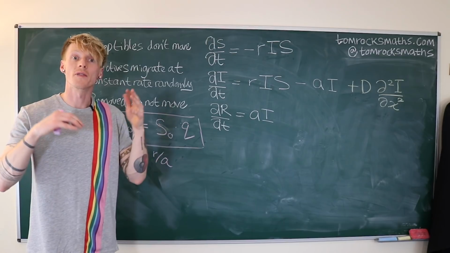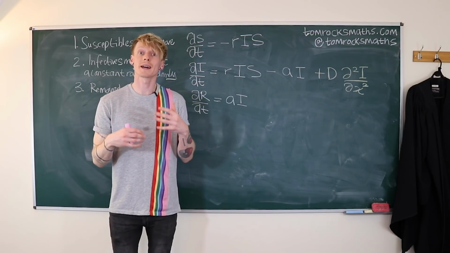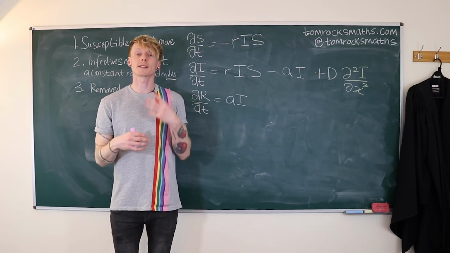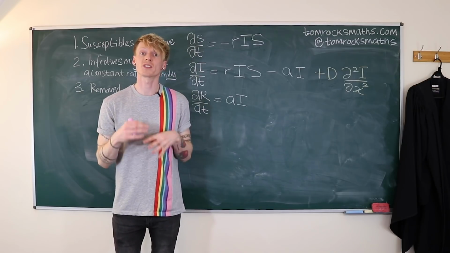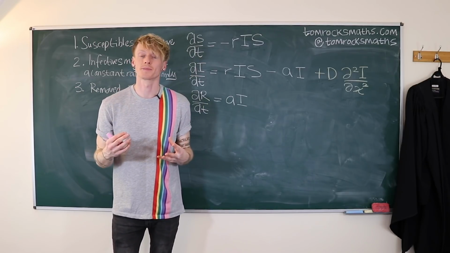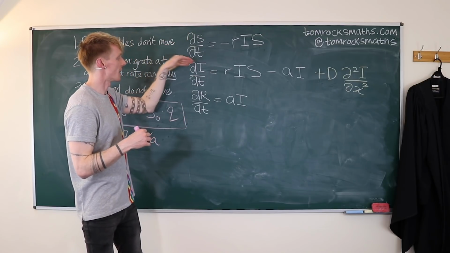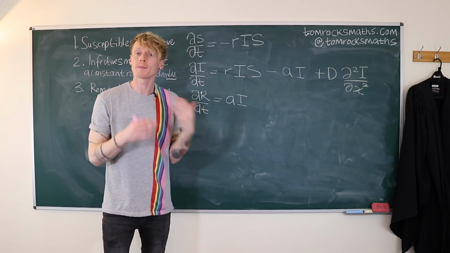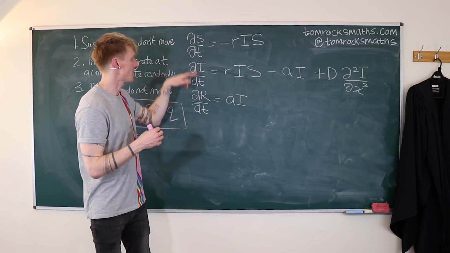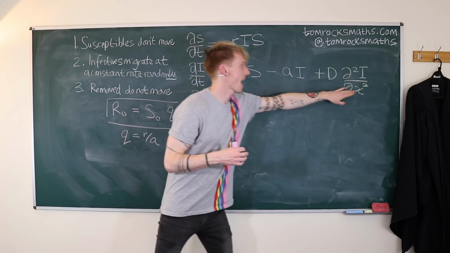As well as non-dimensionalizing, we use a second mathematical trick, which is to change variables. So at the moment, we have our three populations, S, I, and R, which all depend on time t and space x.